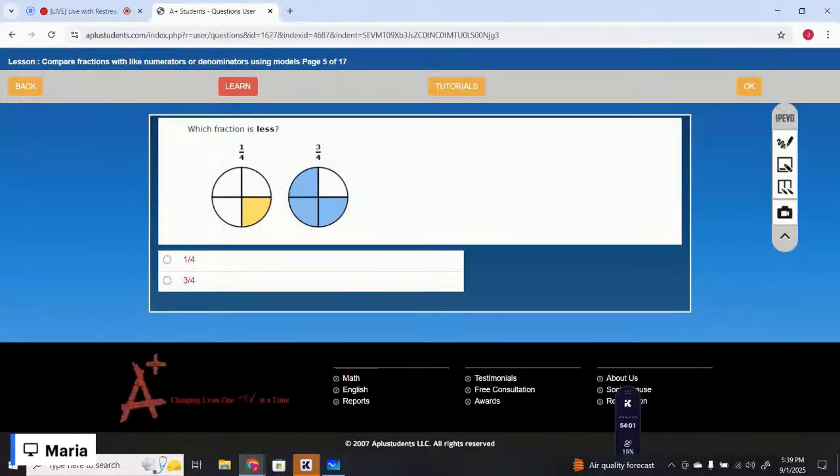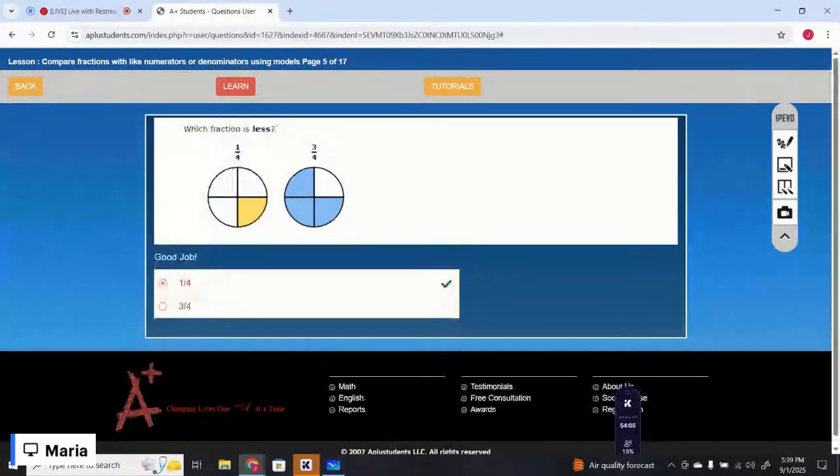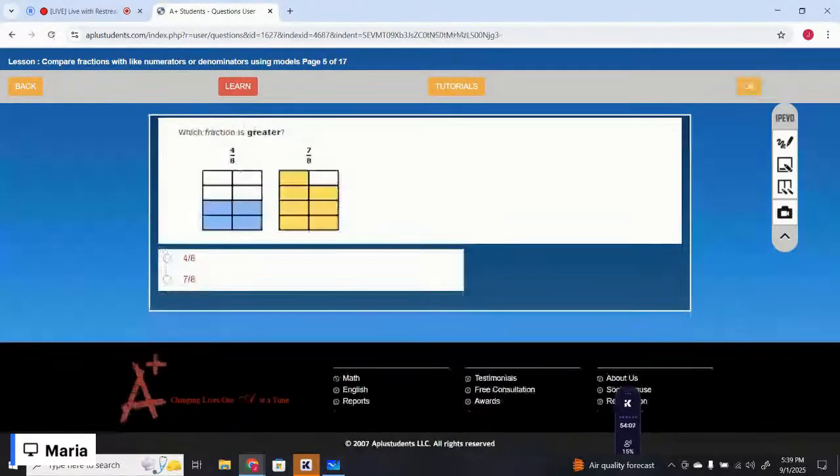That is 1 by 4 is less than 2 by 4. What fraction is greater?